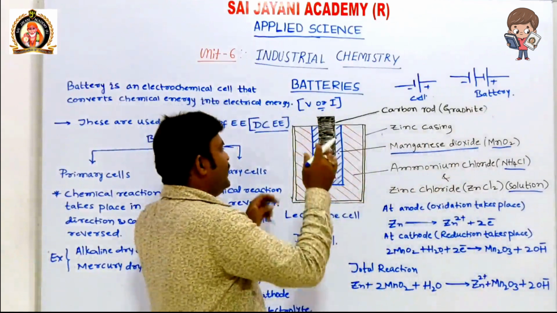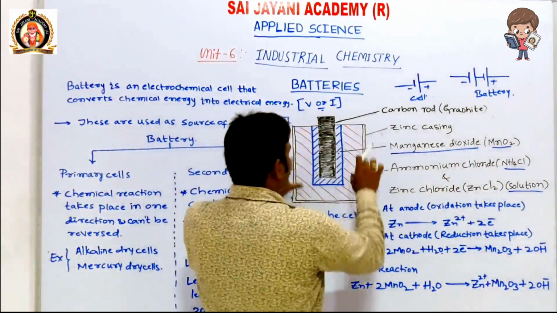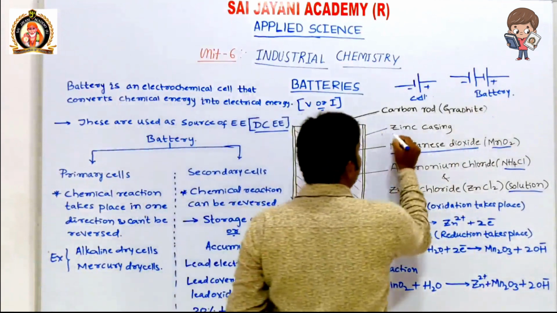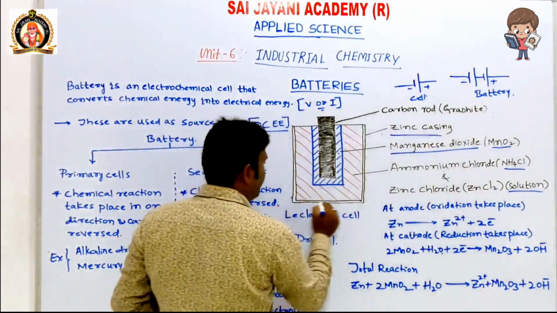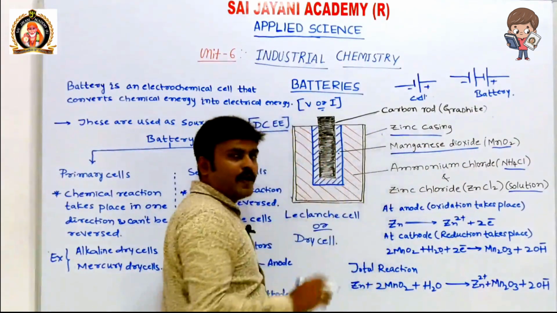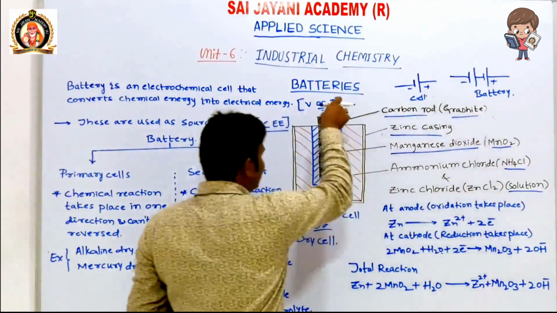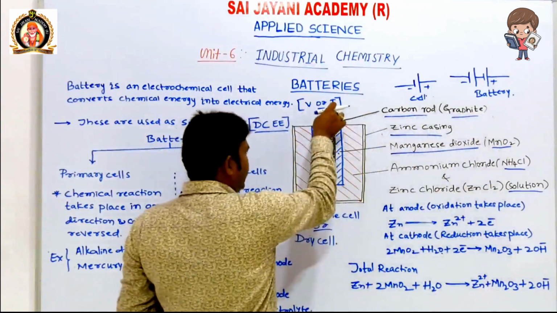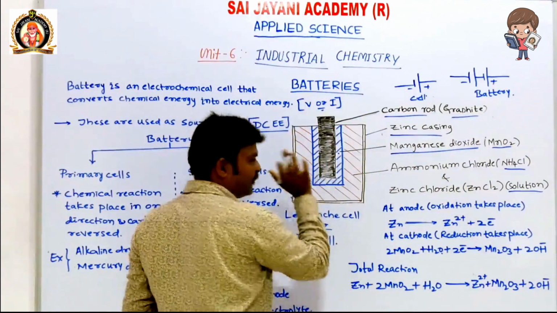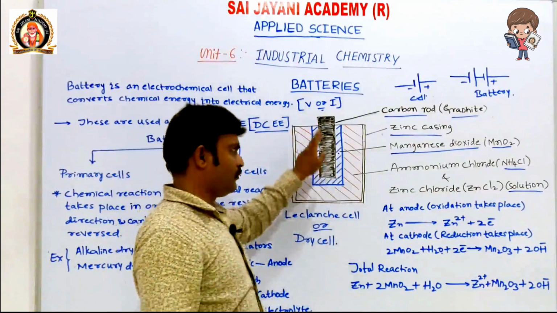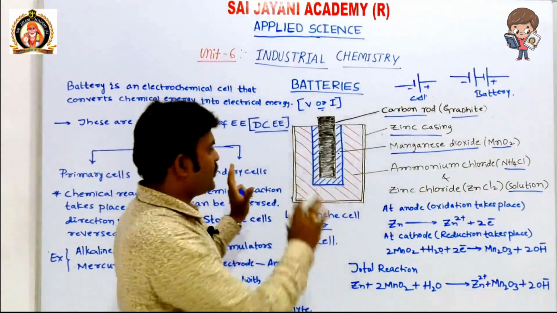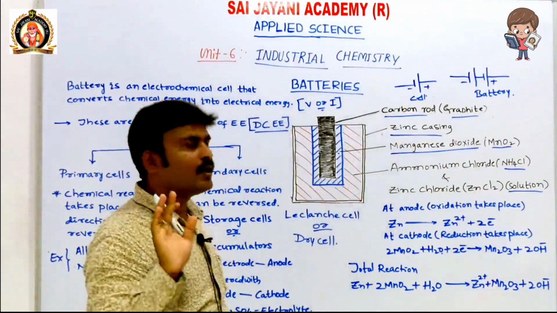Okay. These pastes will be enclosed in a zinc casing. This outer layer is the zinc casing. Okay. And this carbon rod, usually graphite, is placed at the center of this cell. Okay, this is the carbon rod. So this is the construction of the primary cell or a dry cell.